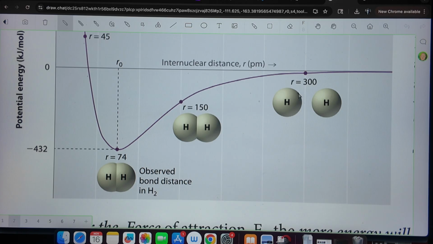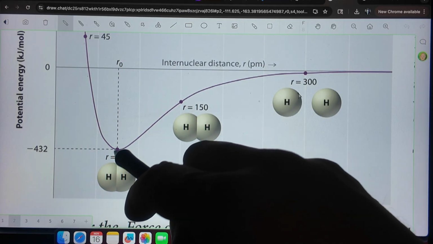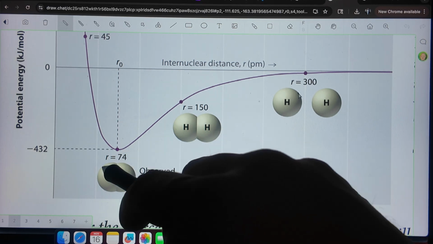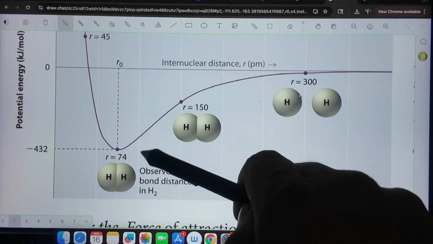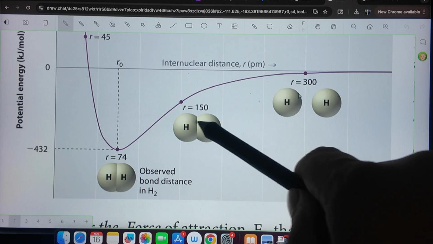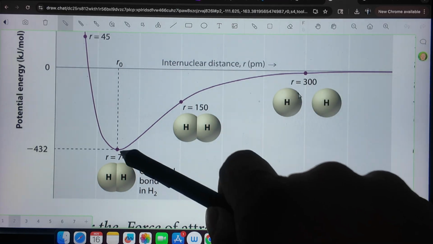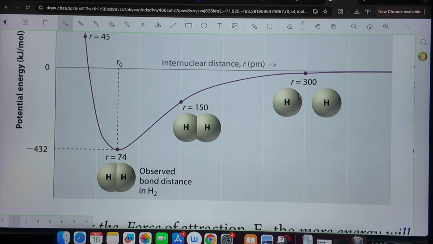And we see that here. It's at negative 432 when the distance is only 74, right? And then as we go up here, as the distance r increases and increases, the potential energy decreases and decreases.